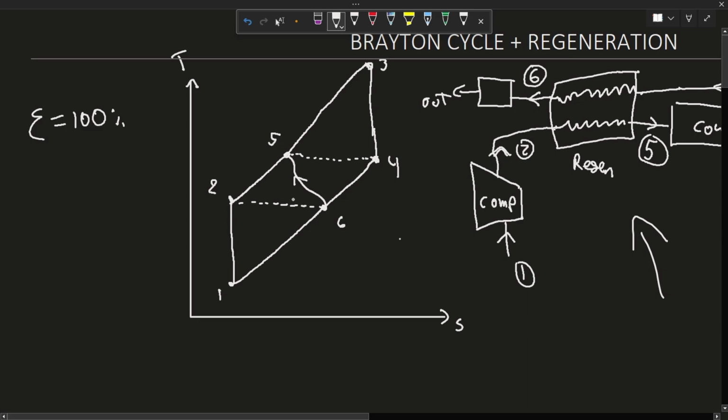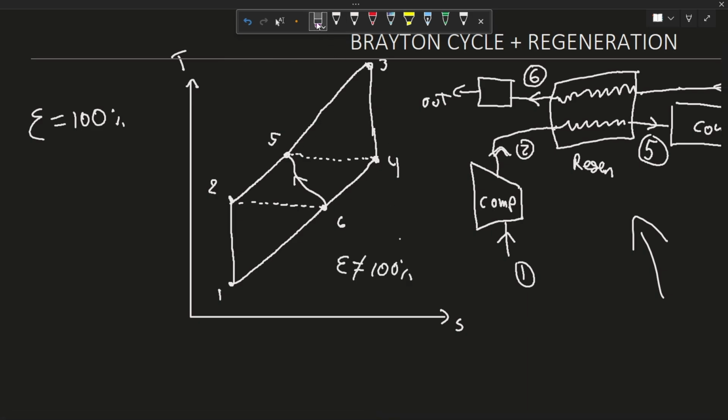Okay, that's it. This is if it's at 100%. If it's not at 100%, it's going to look something like this. It's going to be somewhere around here, and it's going to go somewhere around over here.